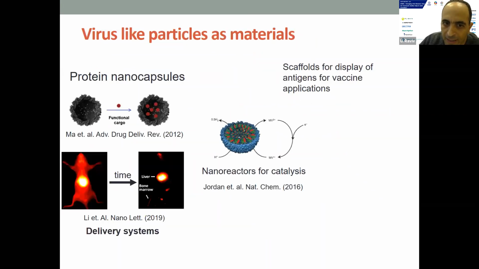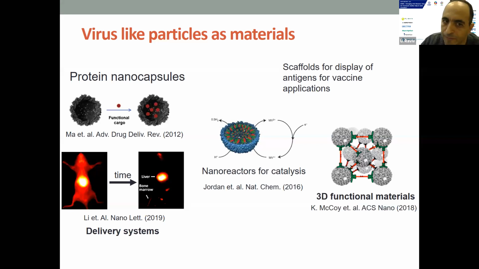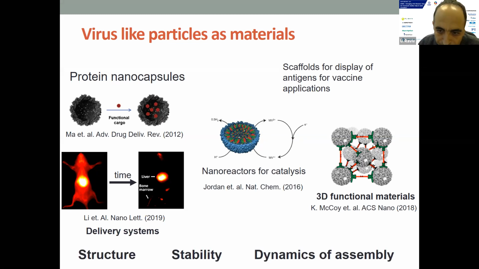There are many other reasons people are studying virus-like particles: as protein nanocapsules for drug delivery, as nanoreactors for catalysis, as a scaffold to display antigens for vaccine applications, or as sophisticated higher dimensional functional materials, biomaterials.